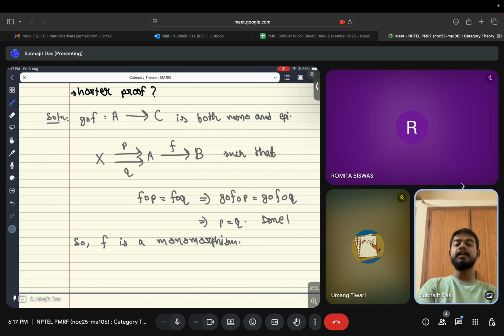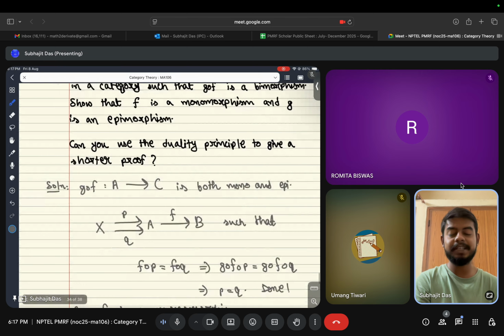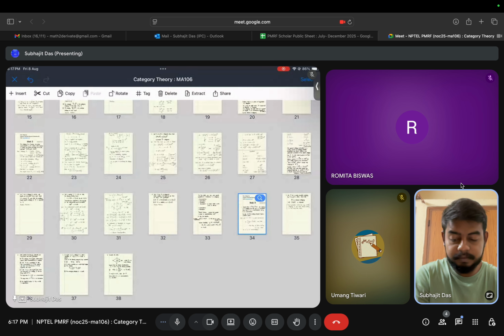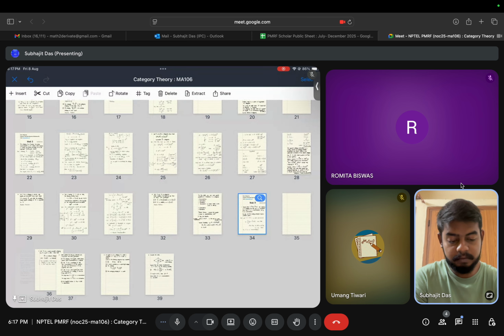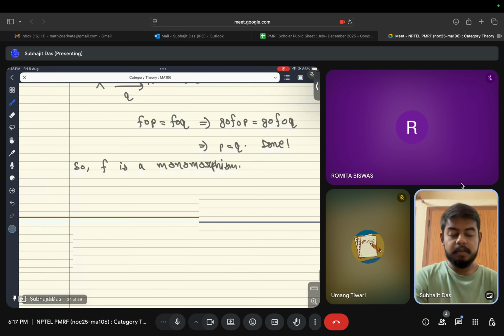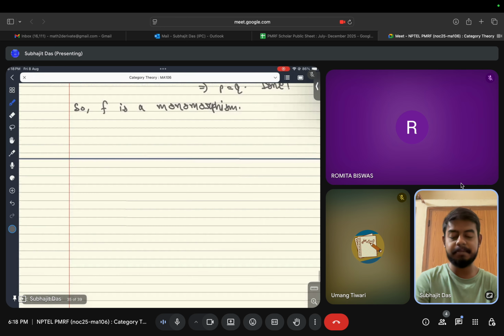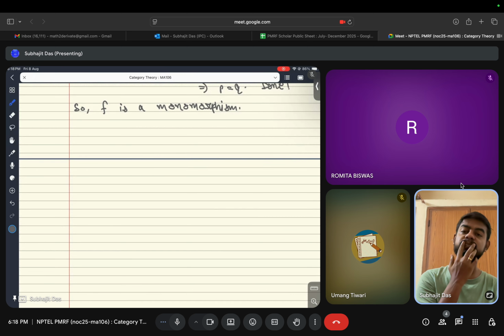How do you show that G is an epimorphism? We also need to show that, right? So epimorphisms are exactly right cancelable morphisms in a category, right?